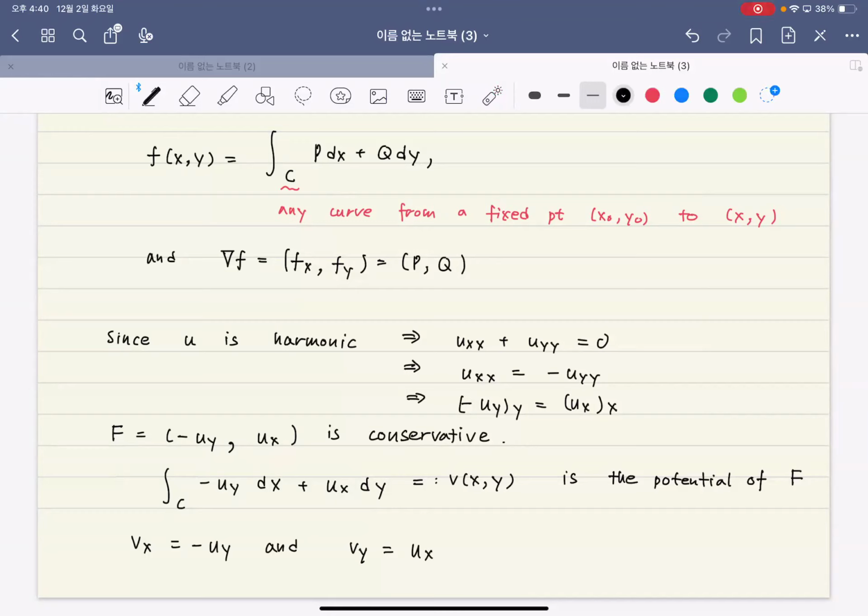Now I want you to take a look at these last equations. This is exactly the Cauchy-Riemann condition. Therefore, this potential function turns out to be the harmonic conjugate of our function here.